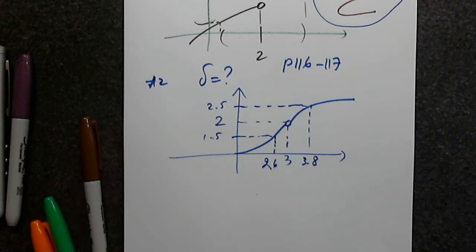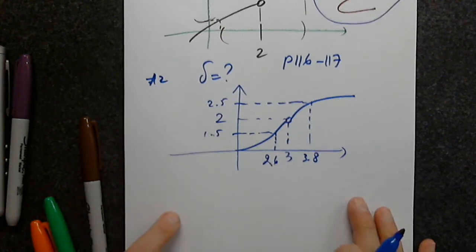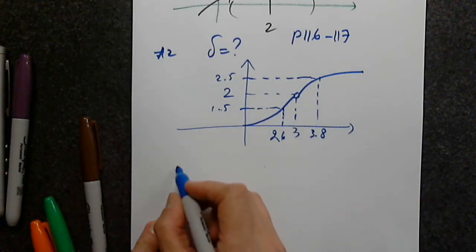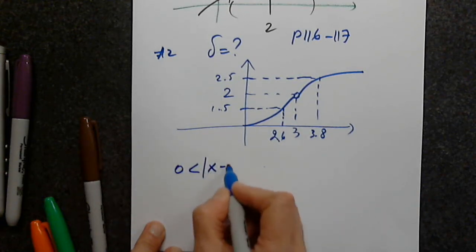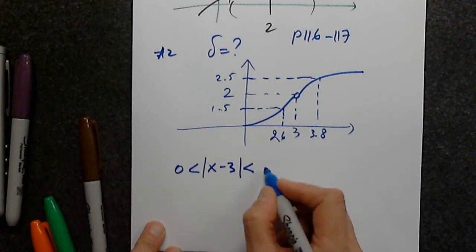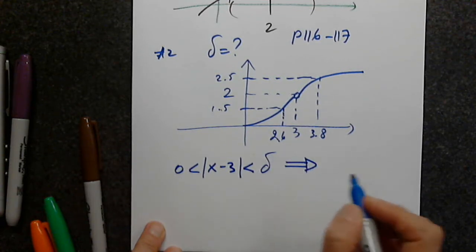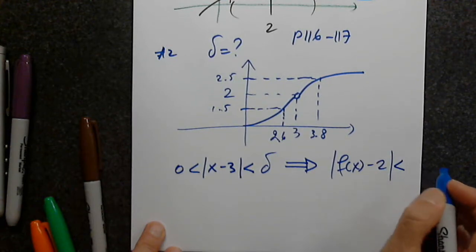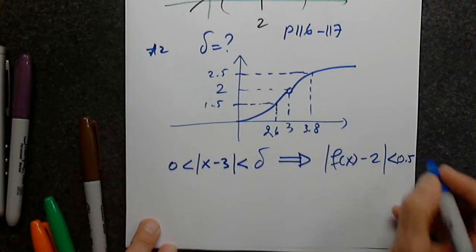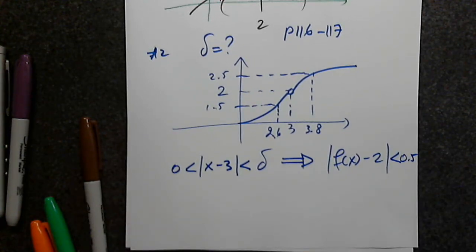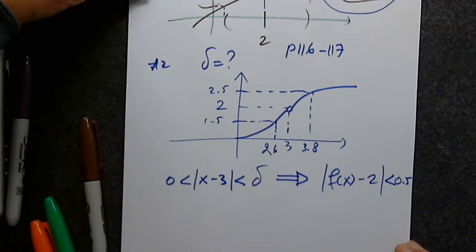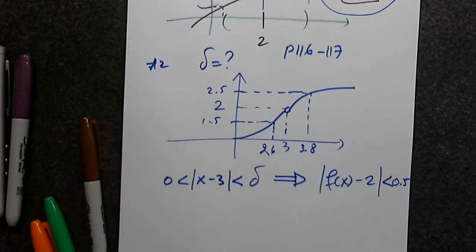They are telling us to find the delta such that if 0 less than the absolute value of x minus 3 is less than delta, then the absolute value of f of x minus 2 is less than 0.5. I will explain what every piece of information is telling us.